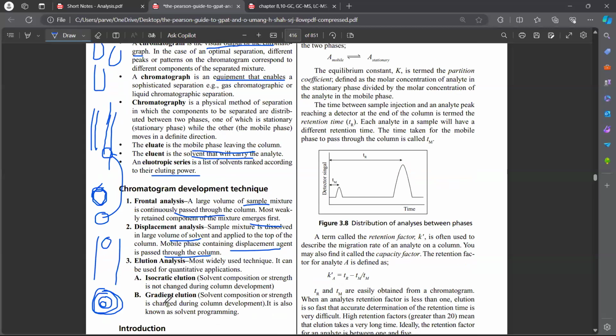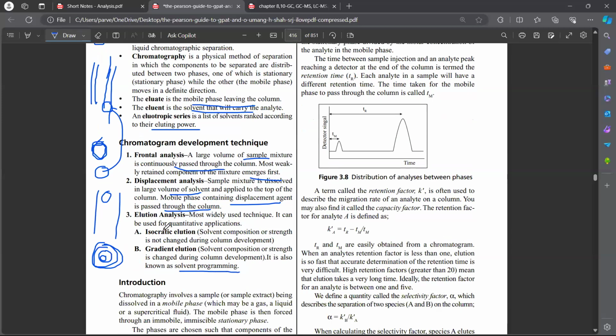Next, elution analysis, which is known as isocratic and gradient. In isocratic elution, during the whole chromatography technique, the polarity of the mobile phase remains the same. The polarity does not change. While in gradient elution, the polarity changes during the chromatography. This is also known as solvent programming. In isocratic elution, we do not change the composition of the solvent.